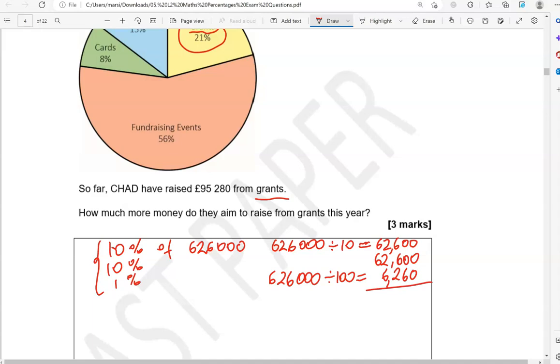So 10% and 10%, that is 20, and the 1%, that is 21% in total. So when I add all of these amounts, it should give me what 21% is worth.